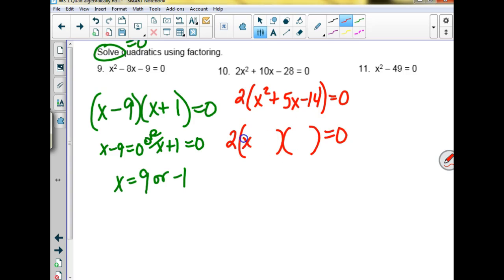Okay, now I have x squared, so I have an x and an x. What factors of 14 make 5? Okay, and I need it to be a positive 5, but a negative 14. Positive 7 and negative 2. All right, so I have 3 things that are multiplying here. A 2, an x plus 7, and an x minus 2.